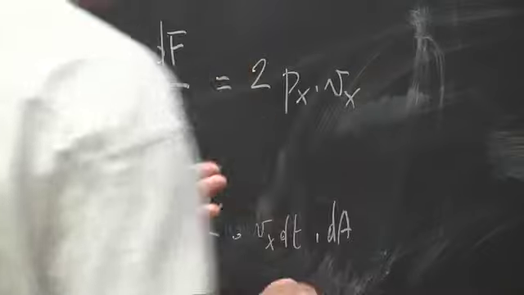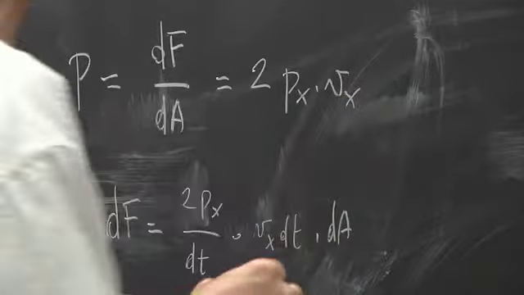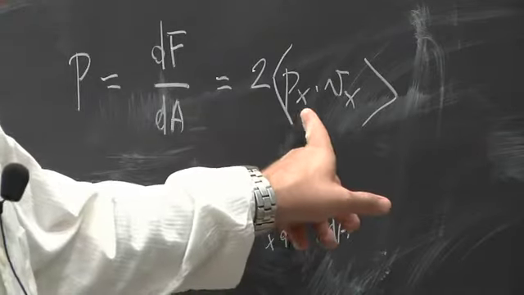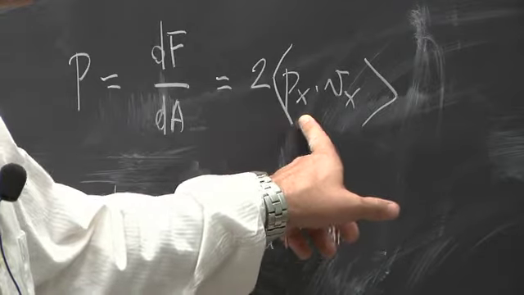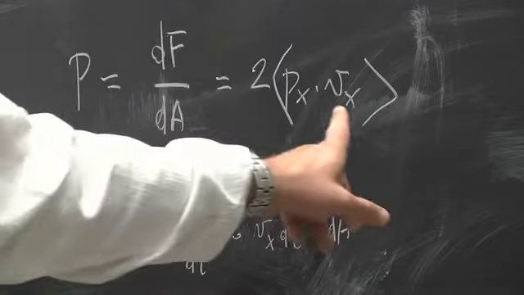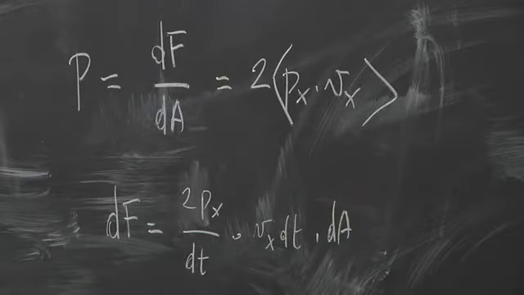And now you have to take an average over all the particles. Essentially you get a factor 1/3 because x is just one of the three coordinates. So this will be 1/3 of the absolute value of the momentum times the absolute value of the velocity.